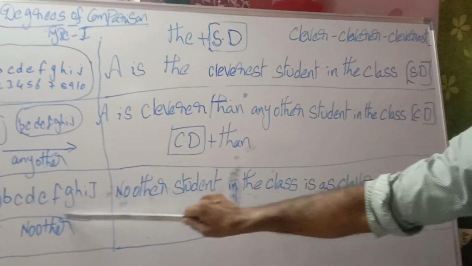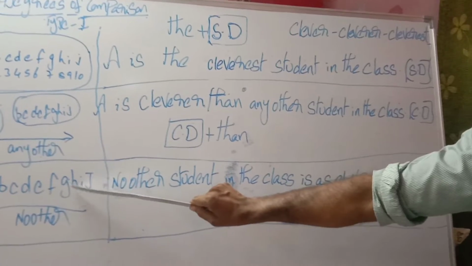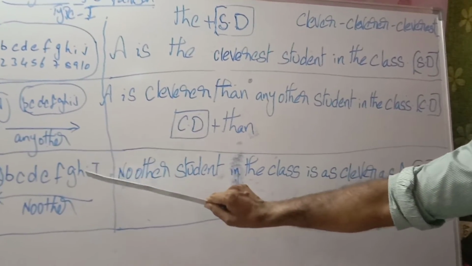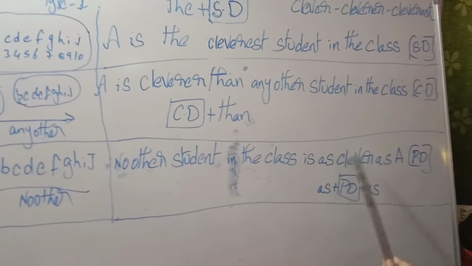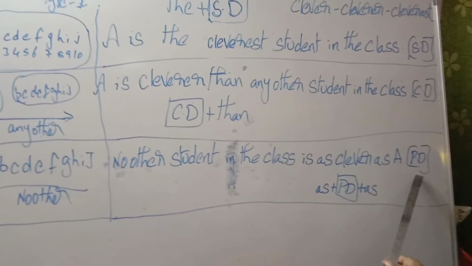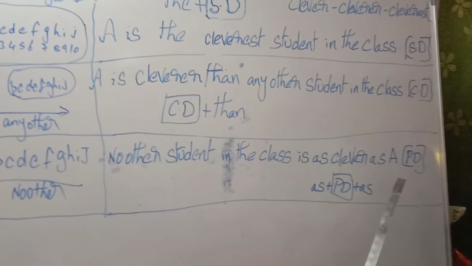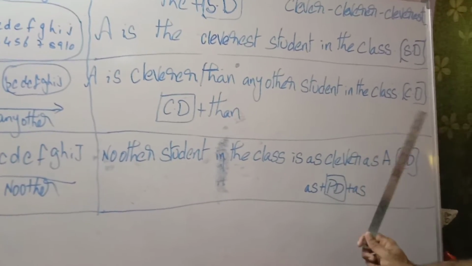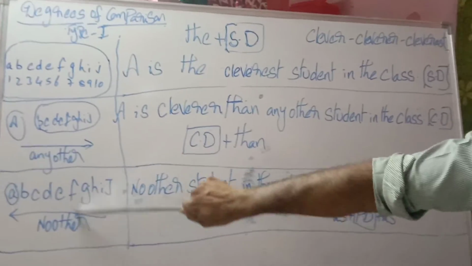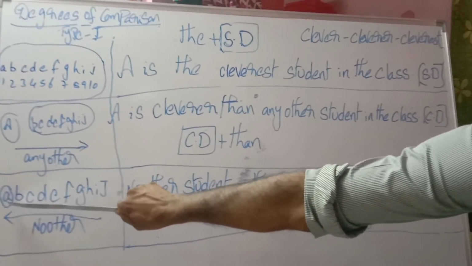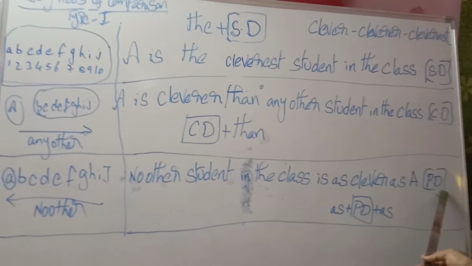So no other student in the class is as clever as A. That is the positive degree.